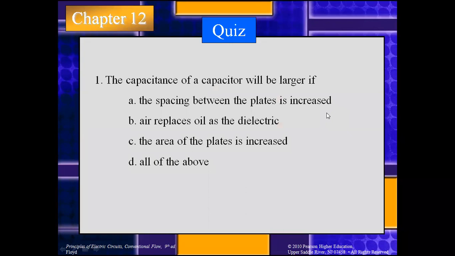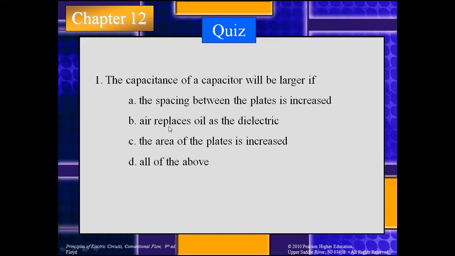So the first question on the page is: the capacitance of a capacitor will be larger if the spacing between the plates is increased, air replaces oil as the dielectric, the area of the plates is increased, and the last option is all of the above.